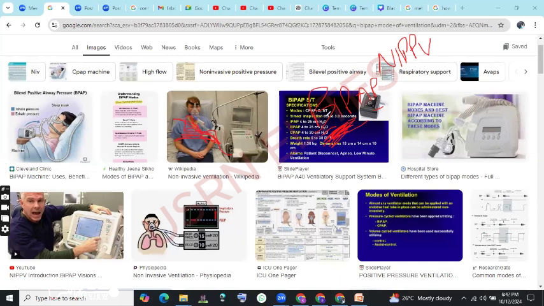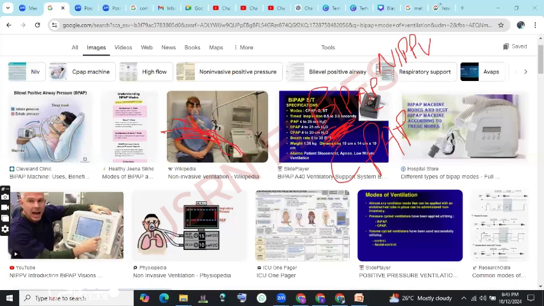So two-way level. So that's BiPAP. CPAP is continuous positive airway pressure. It gives only one way, pushing the pressure in alone. It doesn't do that bi-level in and out cycle. So they are all non-invasive ventilation modes.